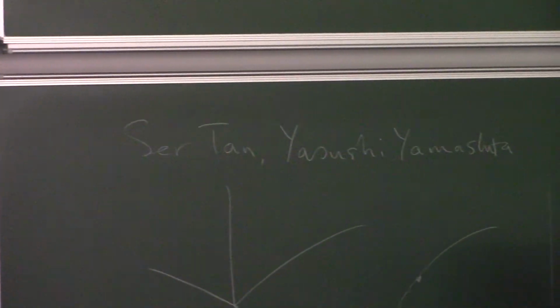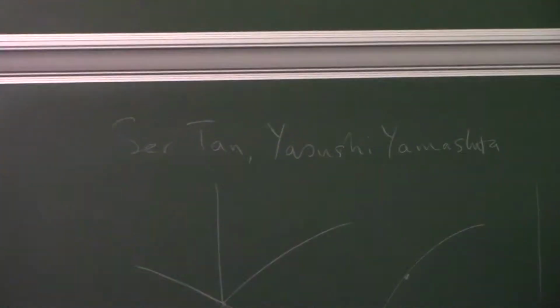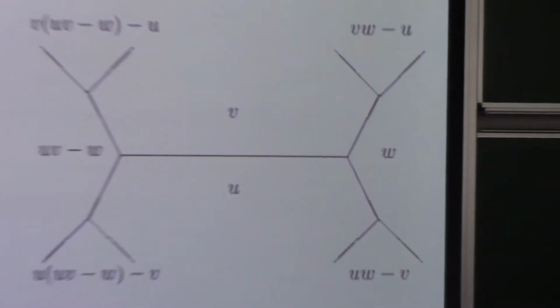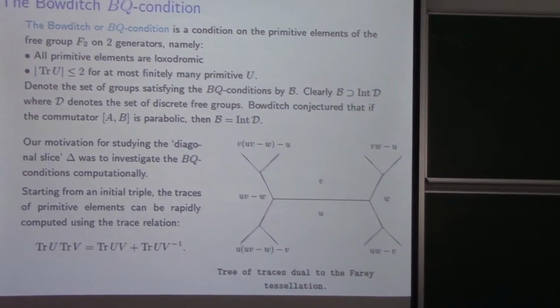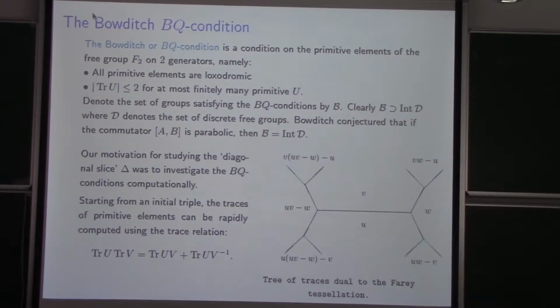Okay. So they got interested in something that we call the Bowditch or BQ condition, introduced by Brian, in order to give a combinatorial proof of McShane's identity. But that's not really relevant to us now.